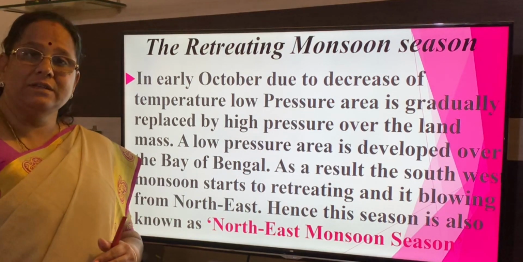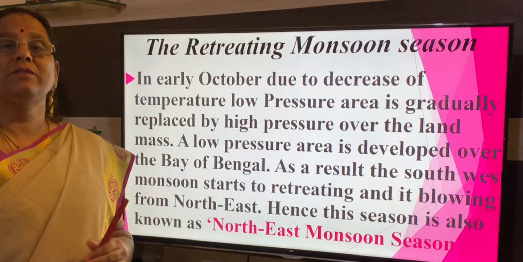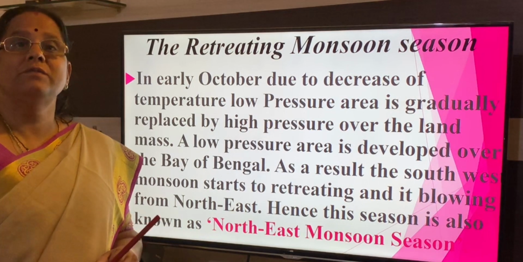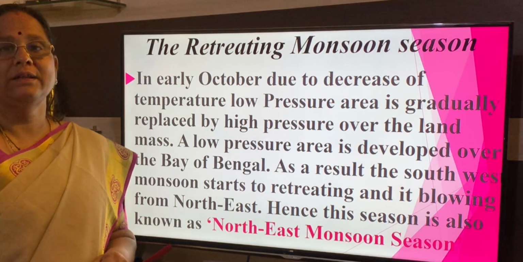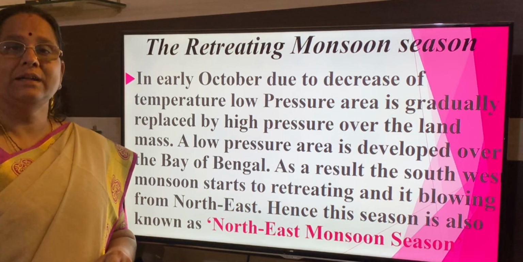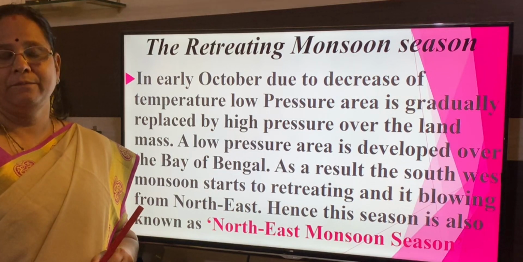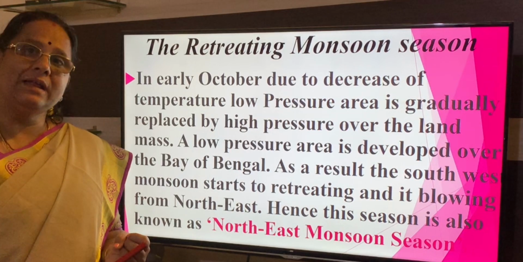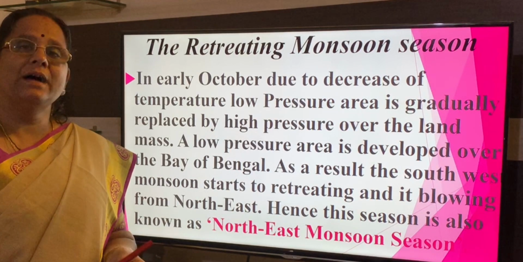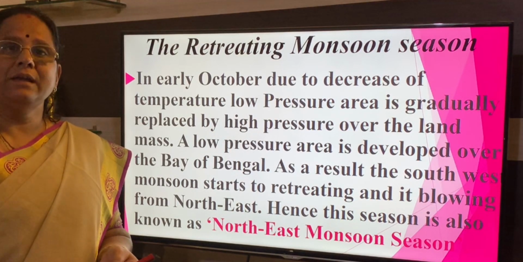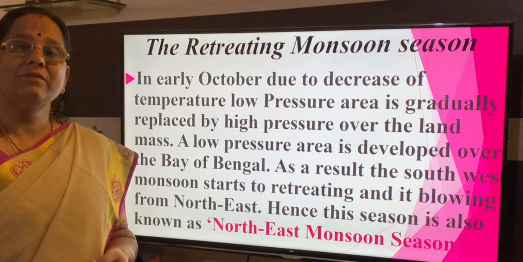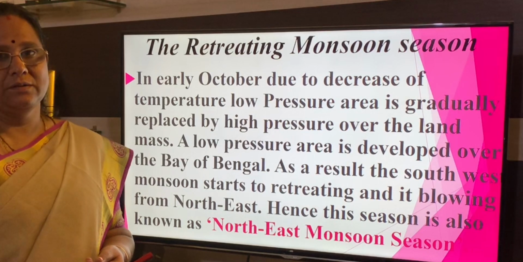In the winter season, the most important point you have to remember is about sun rays. The sun rays fall vertically over the southern hemisphere. India gets oblique sun rays, and you will see temperature and humidity will be low, the sky will be clear, and the north will have a cool climate and the south will have a warm climate.